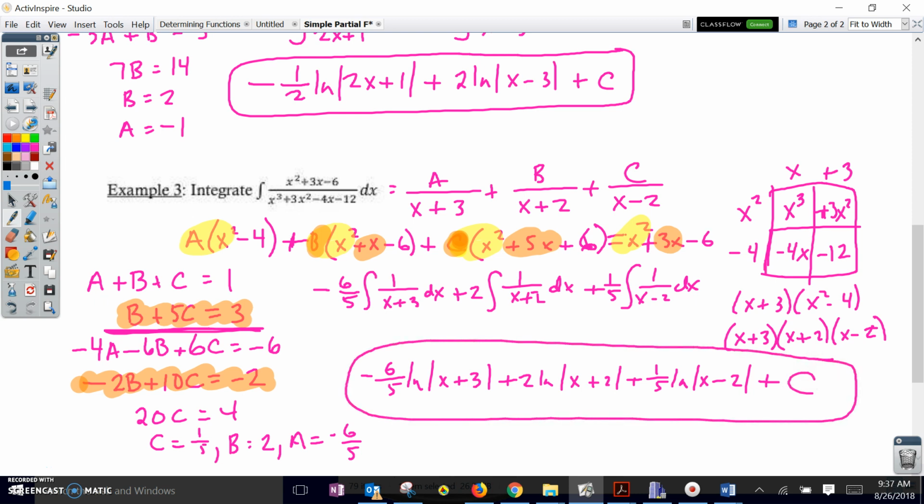And that is the integral of x squared plus 3x minus 6 all over x to the third plus 3x squared minus 4x minus 12.